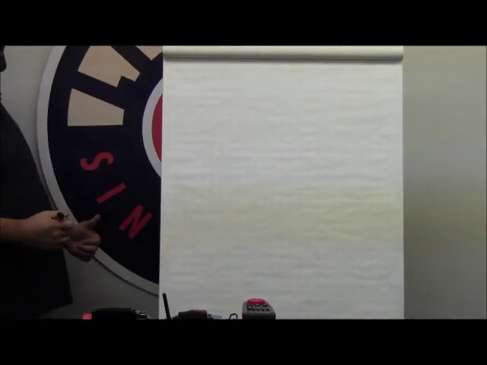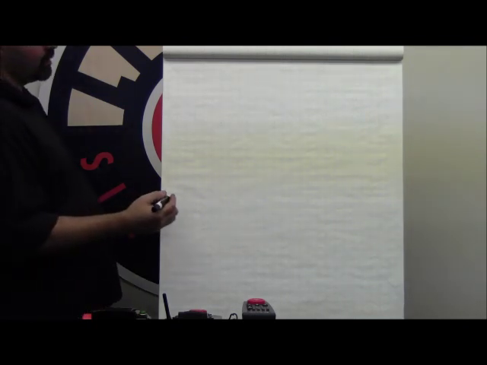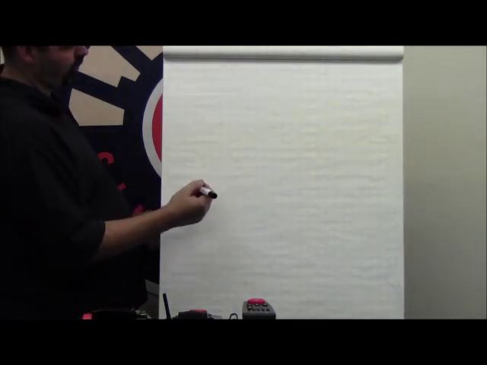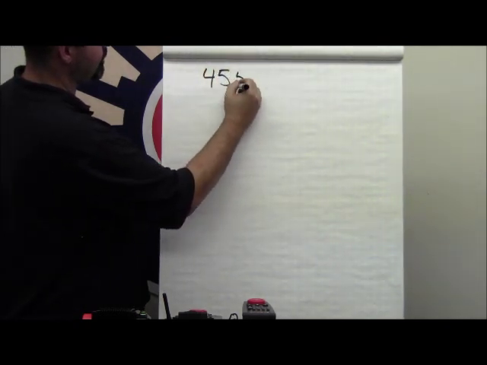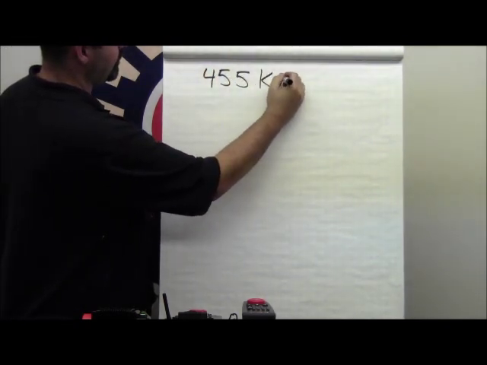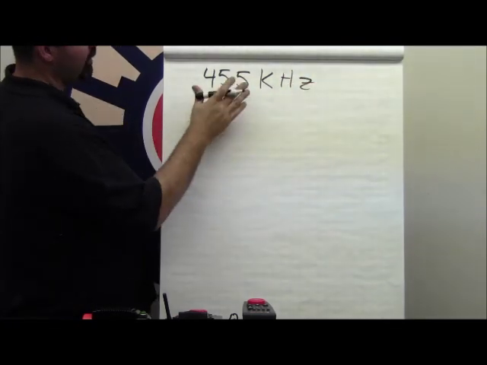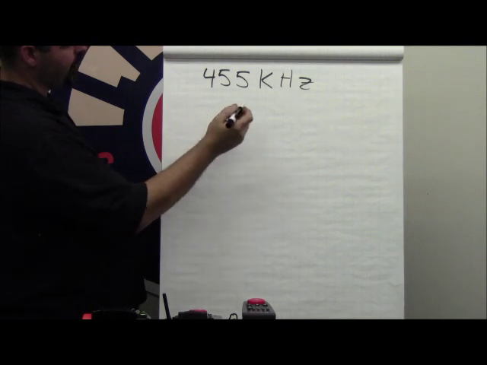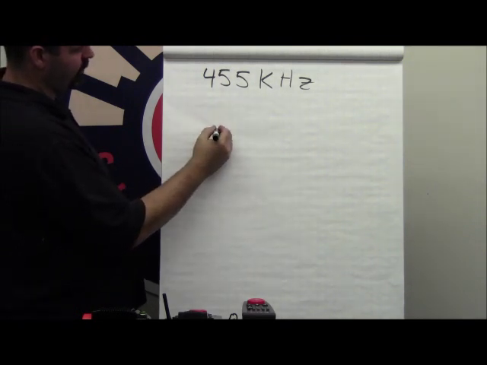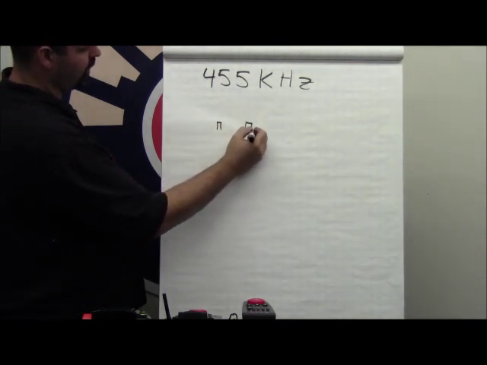Let's talk briefly about how your command signal is broadcast throughout your railroad. The command signal, or the COM, is 455 kilohertz. It's really not important to know this, but we'll bring it up anyway. Your track consists of 3 rails, which we'll represent here.